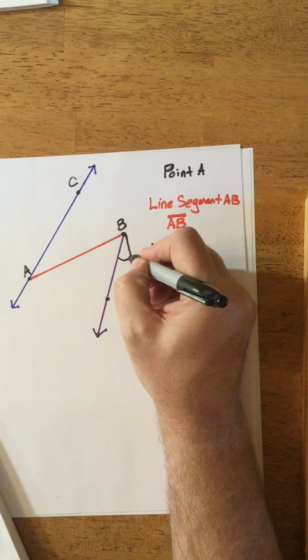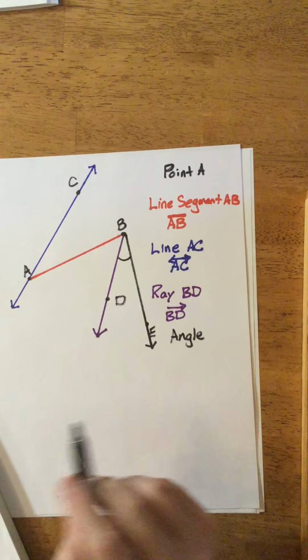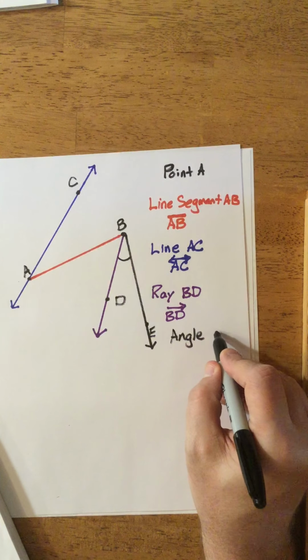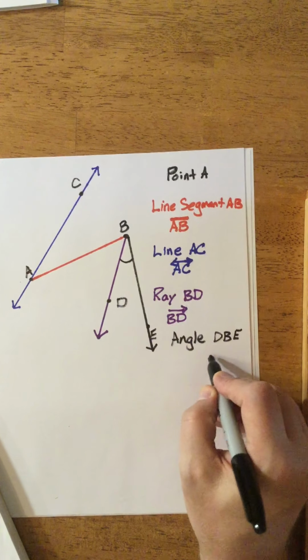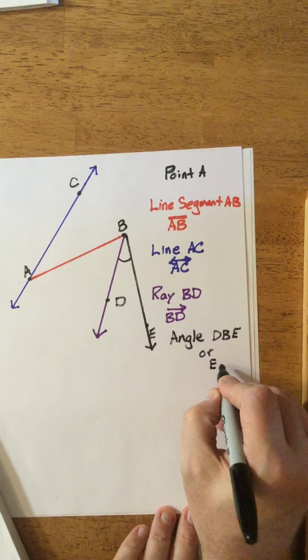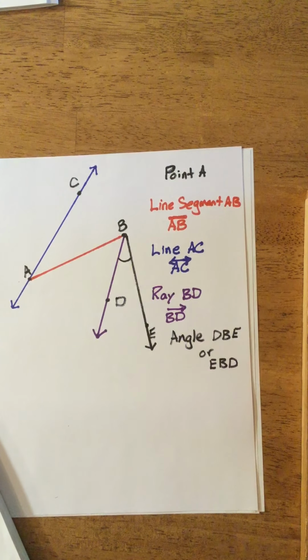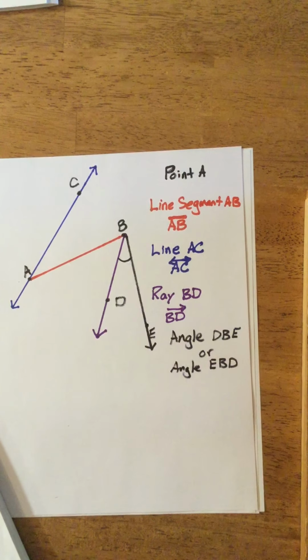And so I actually have two angles here, but we're going to talk about this one right here. And this could either be called angle DBE, or we would call it angle EBD. They are both the same.